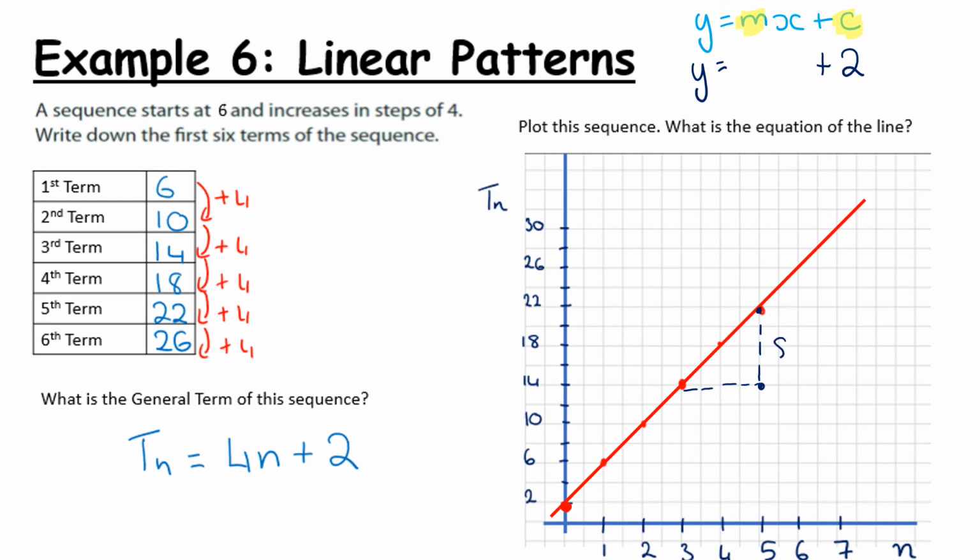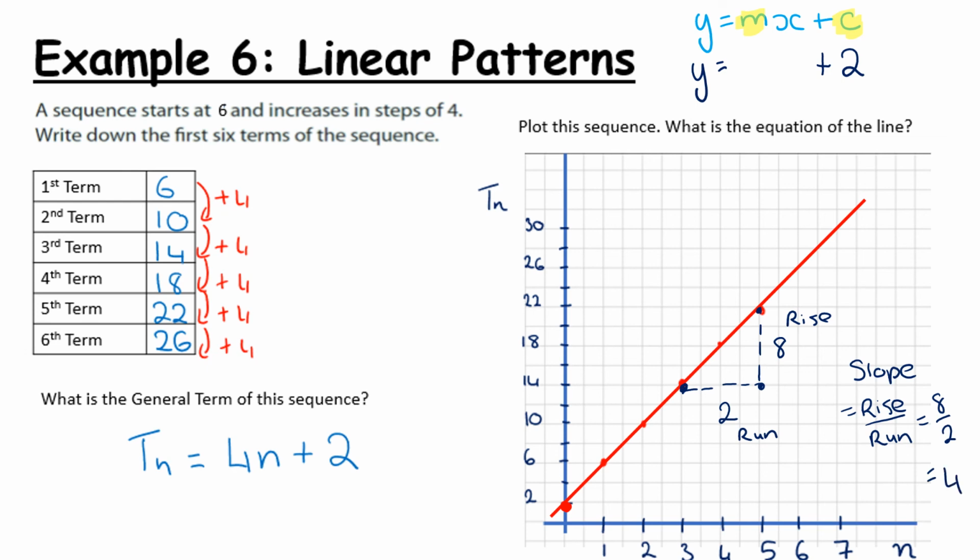So that is 8. That's my rise. My run, if we look here along the bottom, it's 3 to 5. So this is 2. So my slope, which I'm going to use rise over run, just be careful. If we use rise over run, you need to make sure you check whether this is a positive or negative line. We're reading from left to right and it goes up, so it's positive. So we get 8 over 2, which simplifies to 4.